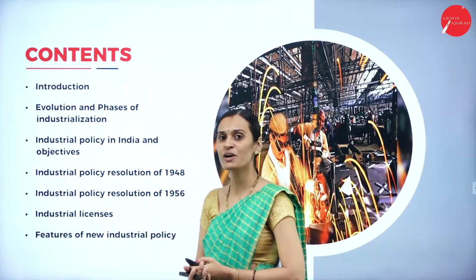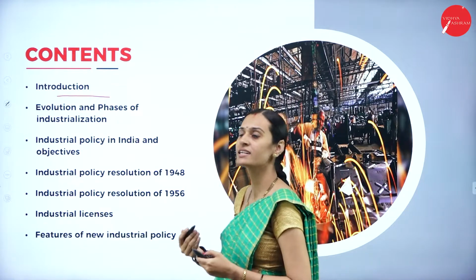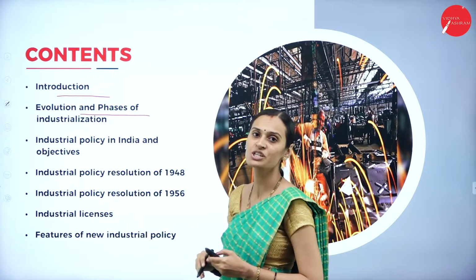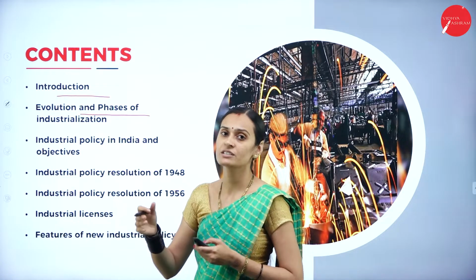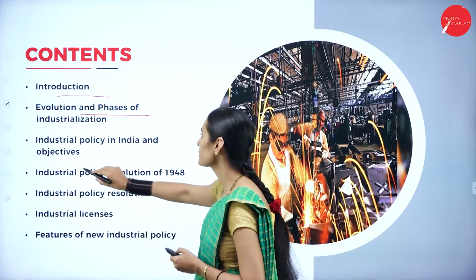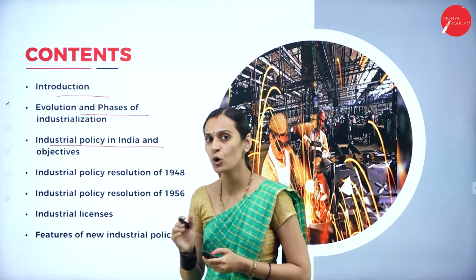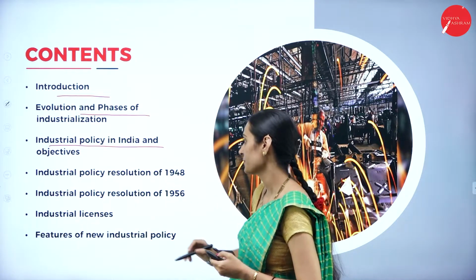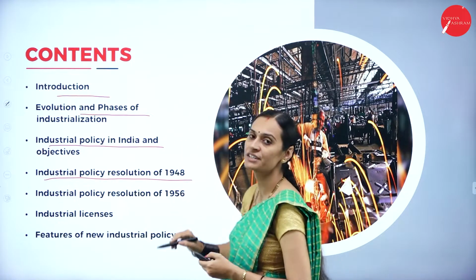What are the contents we are going to discuss today? First, a quick introduction to industrial sectors, and next, the evolution and different phases of industrialization before independence and up to the reforms, and what steps were taken. Next, industrial policy in India and its different objectives. And next, the Industrial Policy Resolution of 1948.